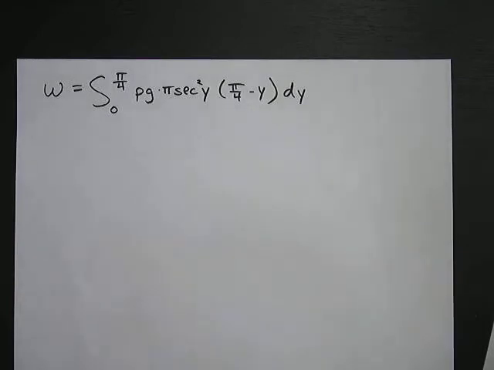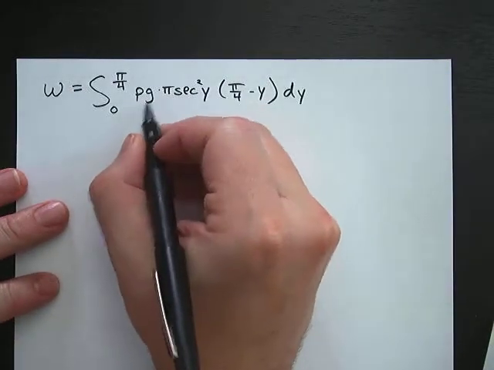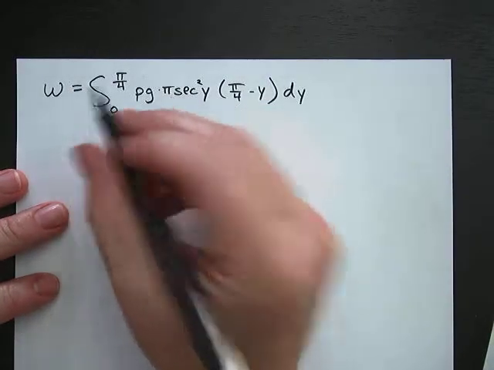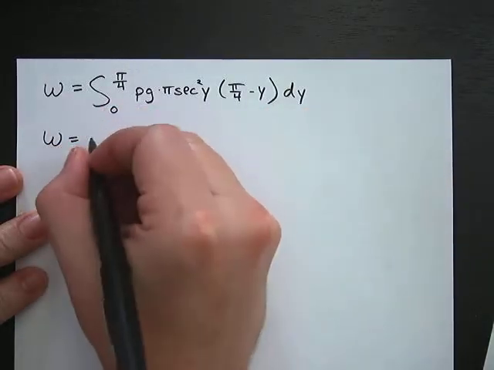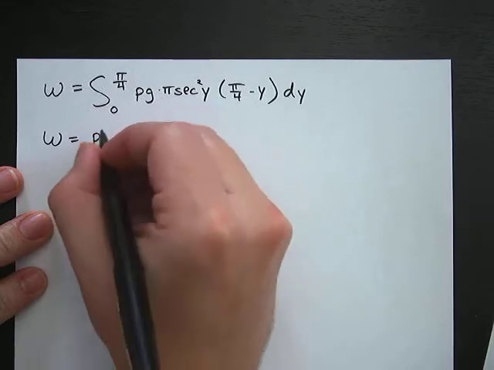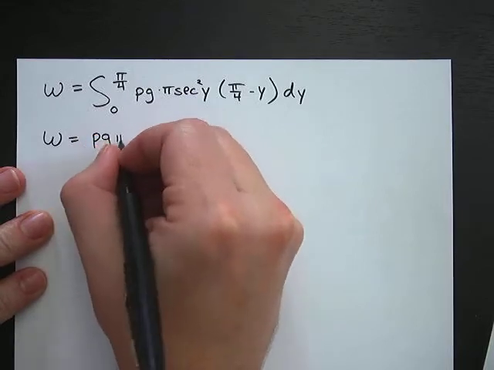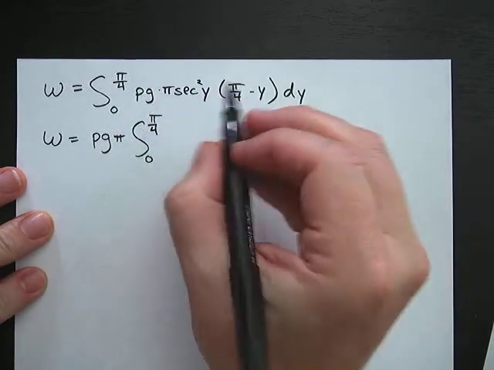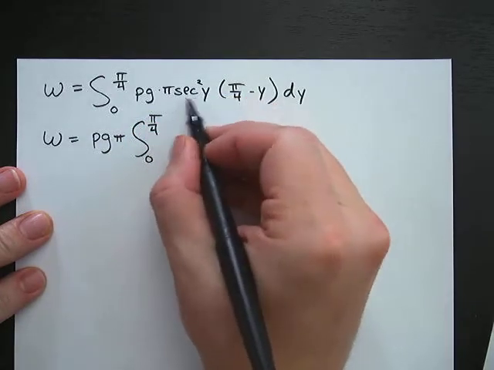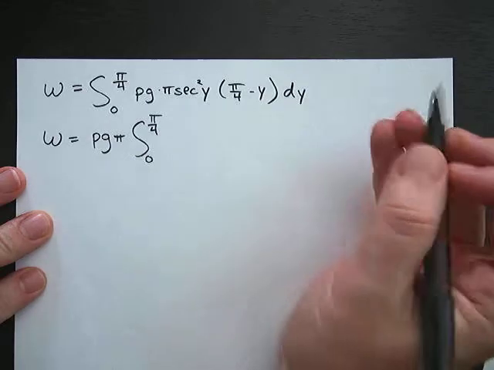All right, so how do we want to go about solving this? Well, we need to split up these integrals. So let's put the rho times g out front. We can bring the pi out front as well. So we get W equals rho times g times pi, from 0 to pi over 4. And then we'll distribute this secant squared y to both of these terms inside.